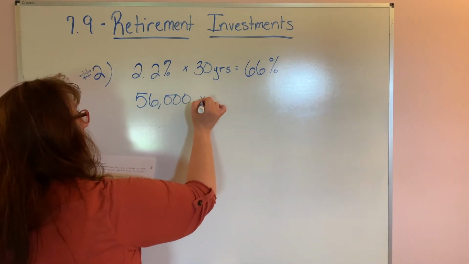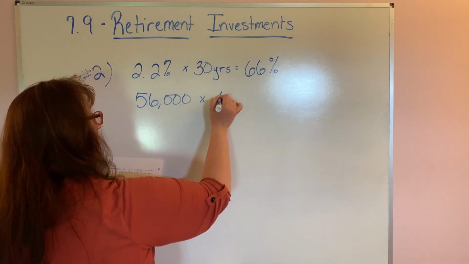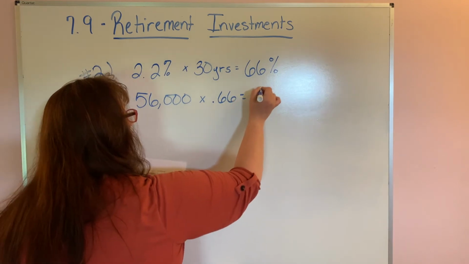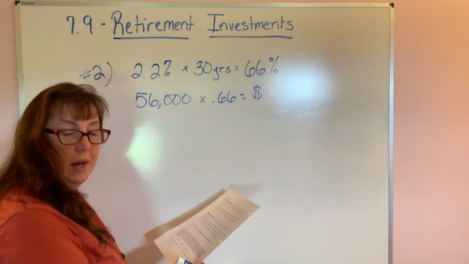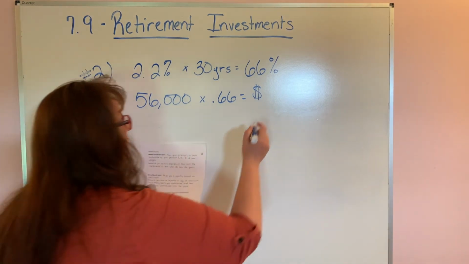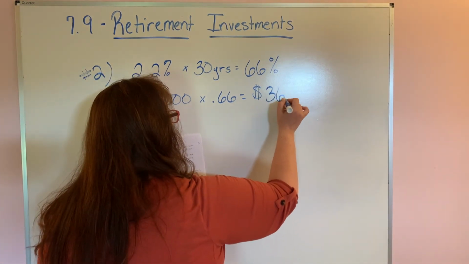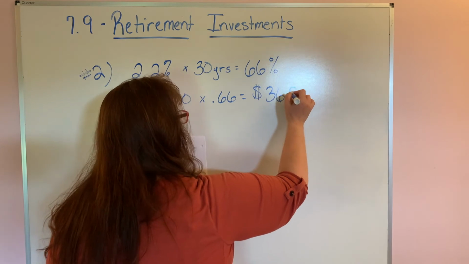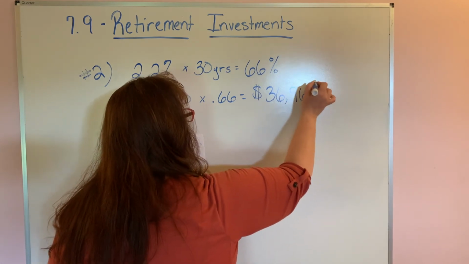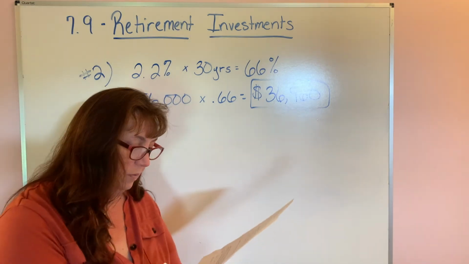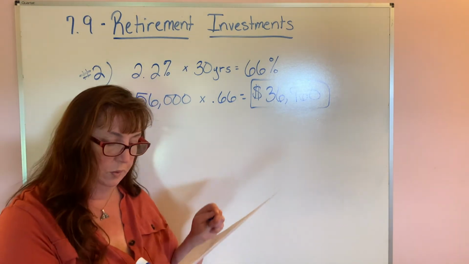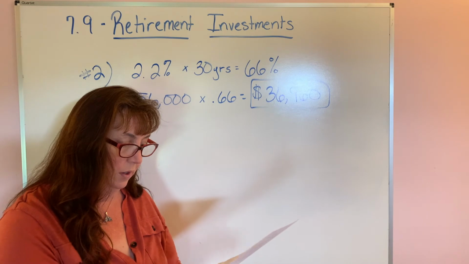We're going to get 66% of that, so 0.66. Multiply that. His annual amount will be $36,960. That's the amount he will receive annually.